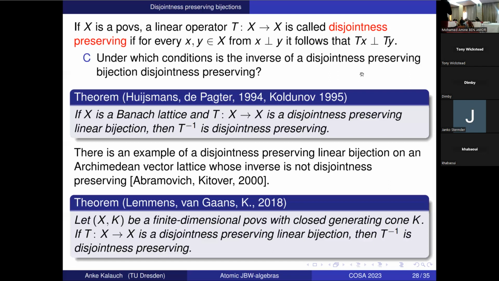And in the 1980s, Huijsmans, de Pagter, and Koldunov investigated operators between Banach lattices and disjointness preserving operators there, and were asking, okay, if I have a disjointness preserving linear bijection, can I say something about the disjointness preserving inverse?